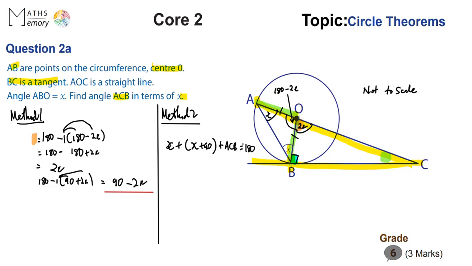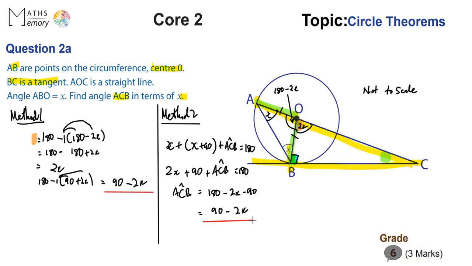This should equal 180 degrees. x plus x is 2x, plus 90, plus ACB equals 180 degrees. ACB has to equal 180 take away 2x take away 90, which is 90 take away 2x. That matches method 1 we just worked out.